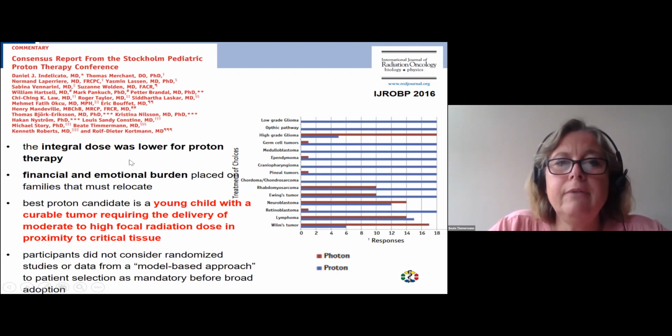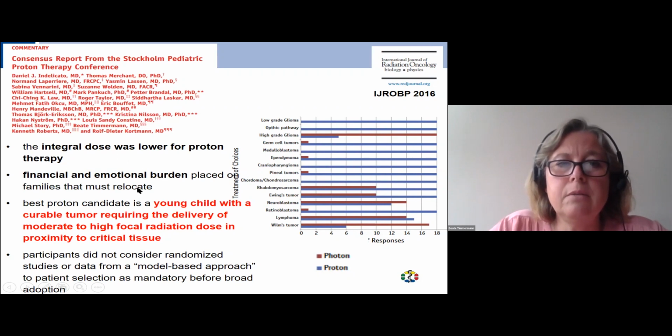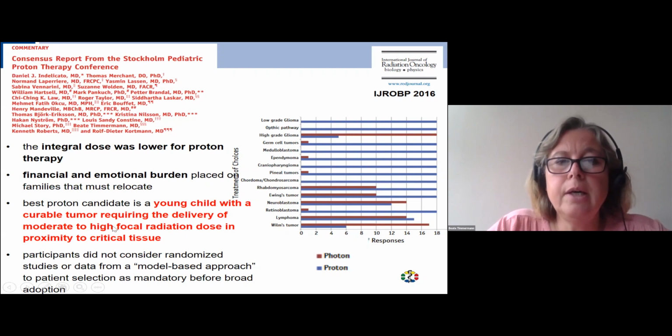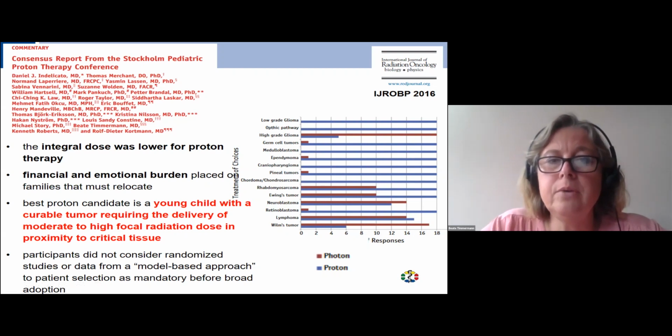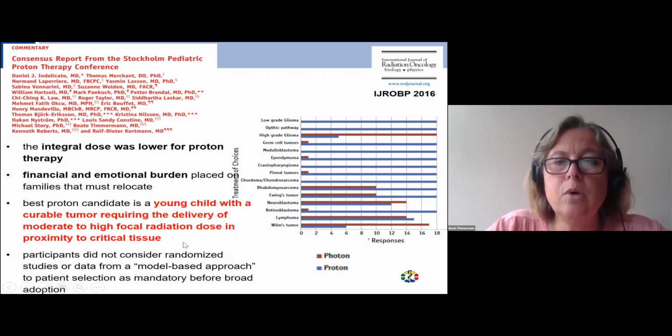But there were some principal concerns, for example, the financial and emotional burden for families having to be relocated. Still, we agreed that in young children with curable tumors, for delivery of moderate to high local doses in proximity to critical tissue, proton therapy would be preferred. And in neuroblastoma we have young children, we have curable tumors, and we have proximity to critical tissue.